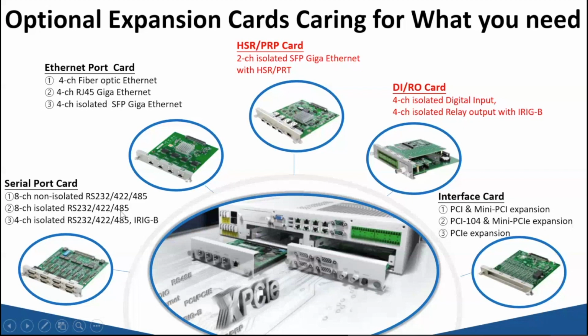And for the Ethernet port, we have 4-channel fiber optic Ethernet, 4-channel RJ45 Ethernet port, and 4-channel SFP Giga Ethernet port. And we do have the HSR and PRP card for SFP Ethernet. And also we have 4-channel isolated digital input and 4-channel isolated relay output with IRIG-B. And we have an interface card as well.